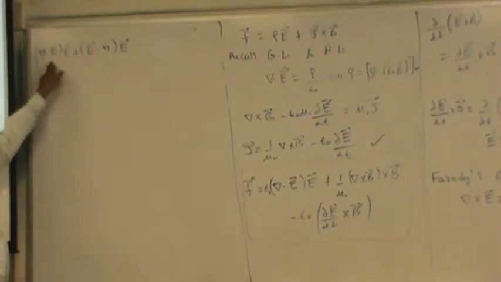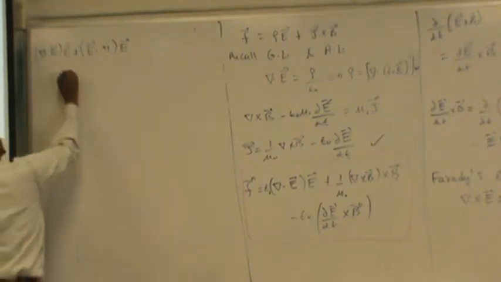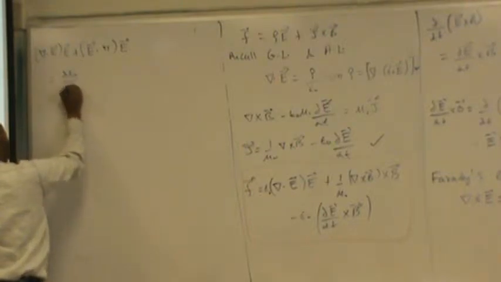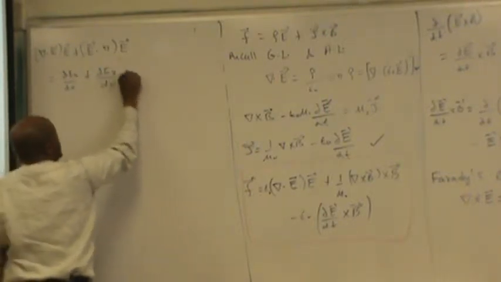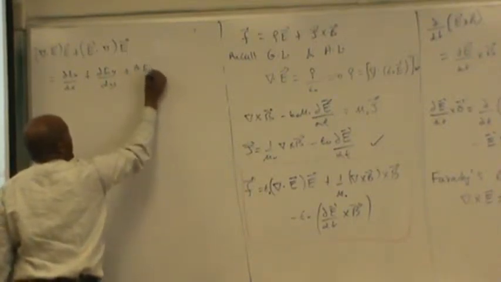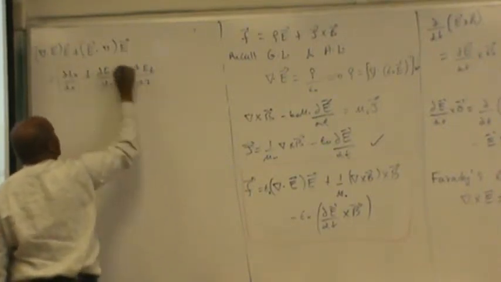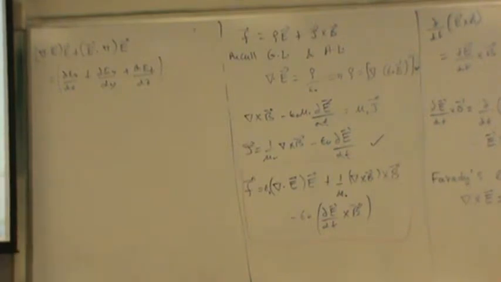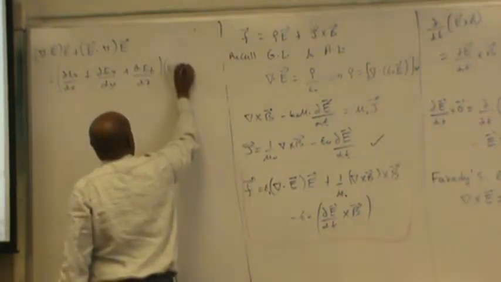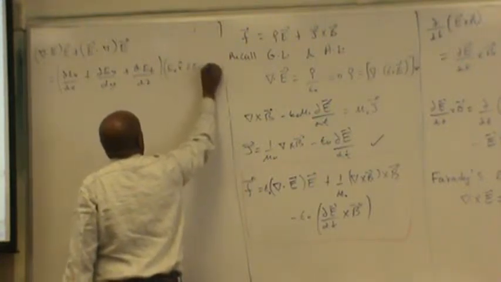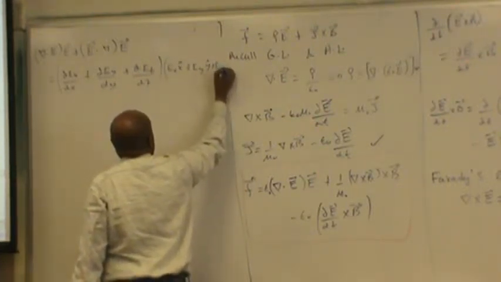So in this one, you get what? dEx by dx plus dEy by dy plus dEz by dz times the electric field. So that's going to be Ex x hat plus Ey y hat plus Ez z hat.